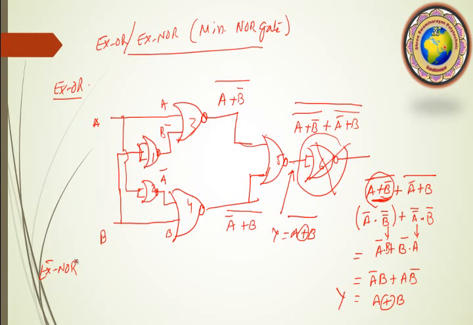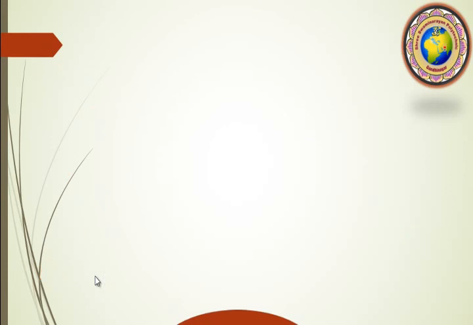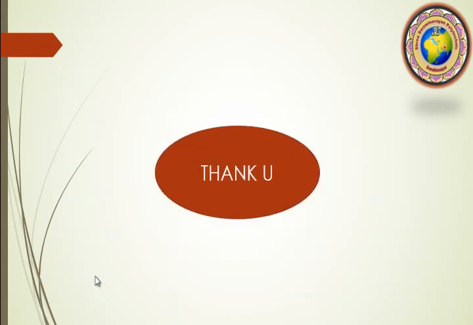So this is equivalent to XNOR. So by using this way we can understand NOR as a universal gate. Okay, now remember this thing, also in a tabulated form differently, how to remember. So thank you very much for this particular universal gate. Okay.